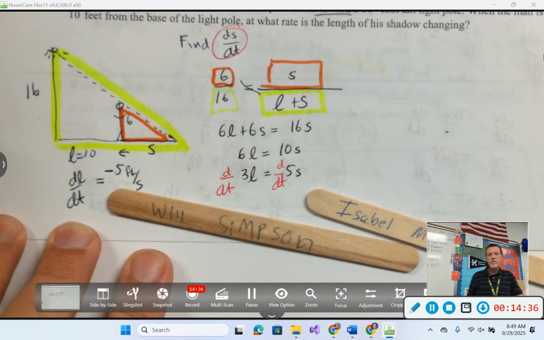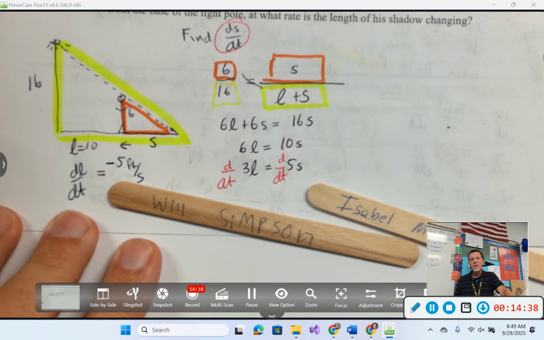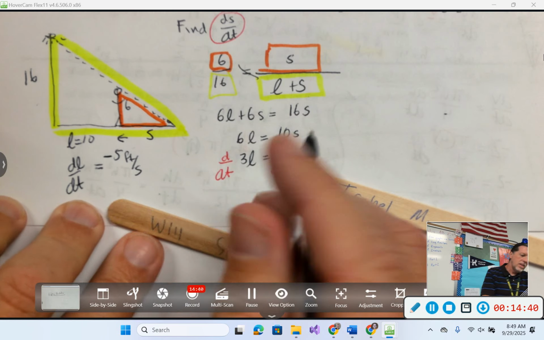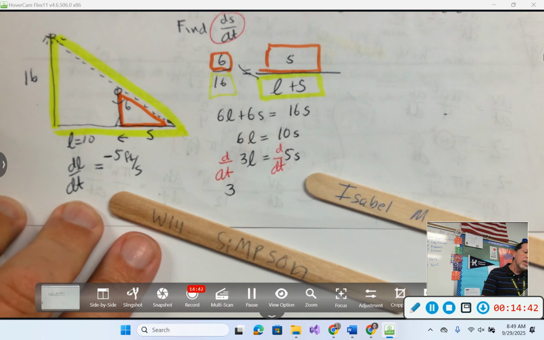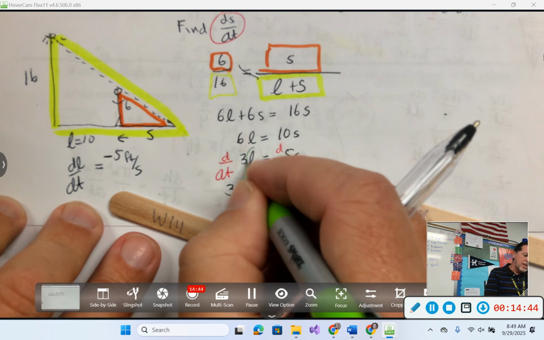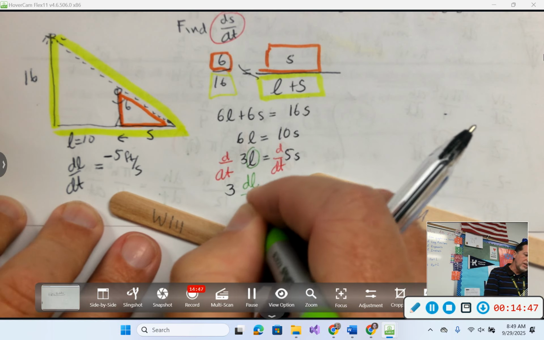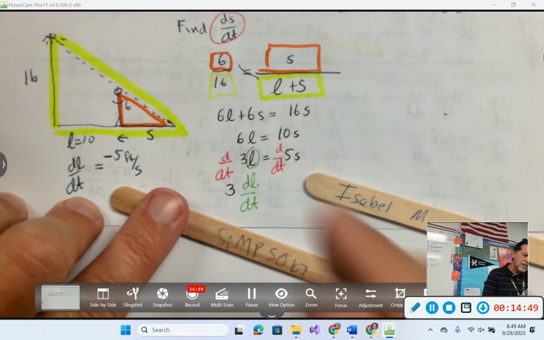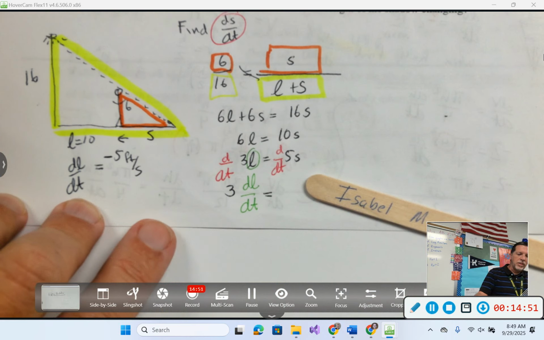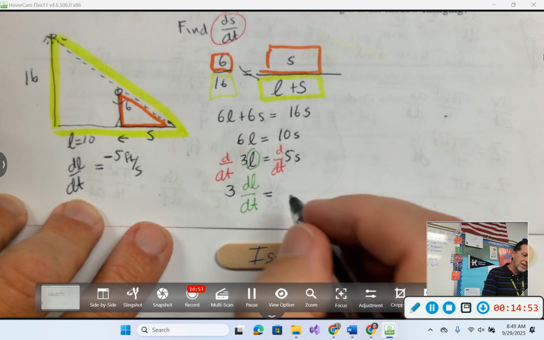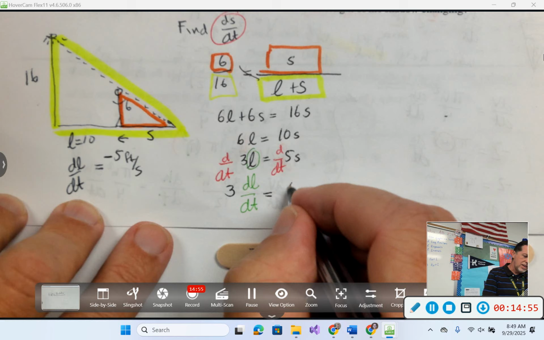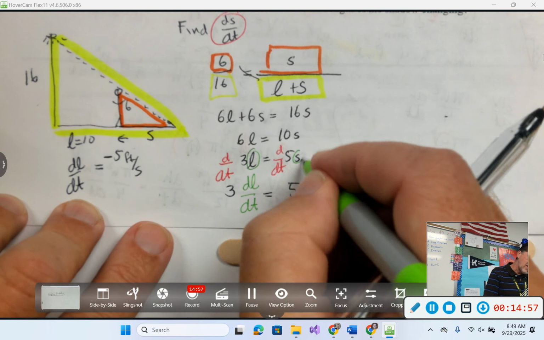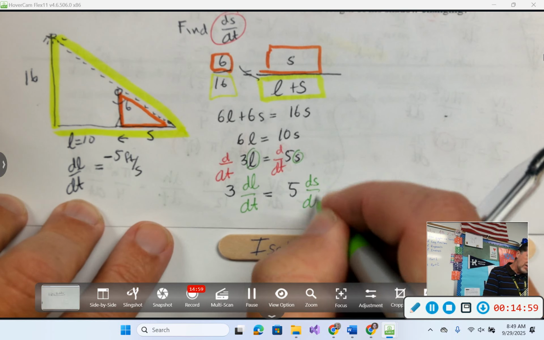What's the derivative of 3L? 3. Good. 3 dl dt. Isabel, the right-hand side. 5 ds. Good. 5 ds dt.